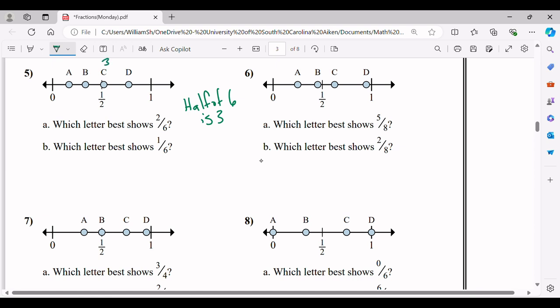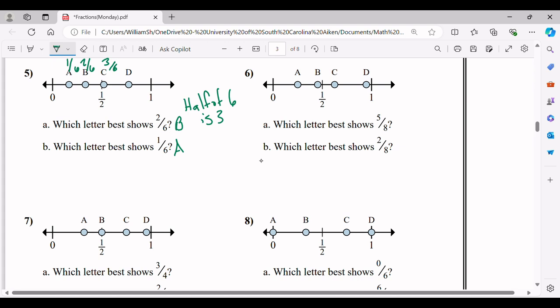So half of 6 is 3, which means that 1/2 here is the same thing as 3/6. Right? So where would 2/6 be? 2/6 should be right behind 3/6, which is where B is. How about 1/6? 1/6 should be behind that, right here where A is.